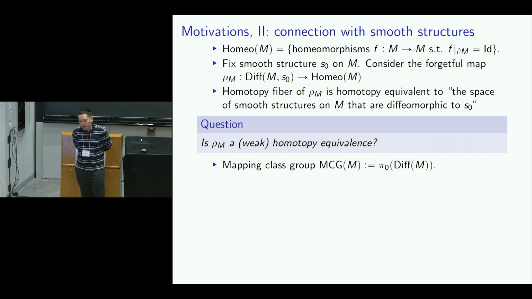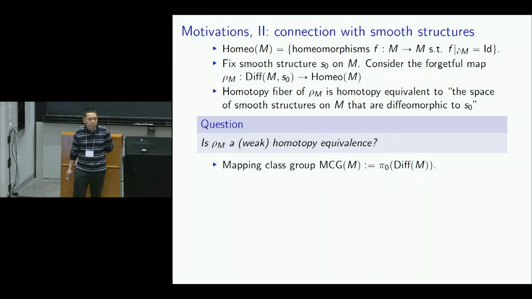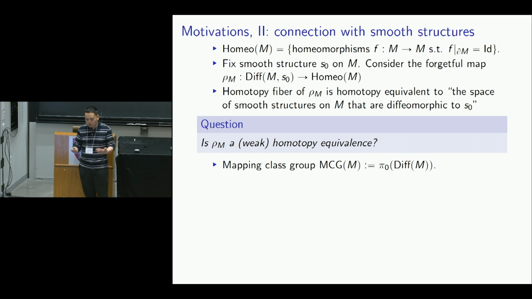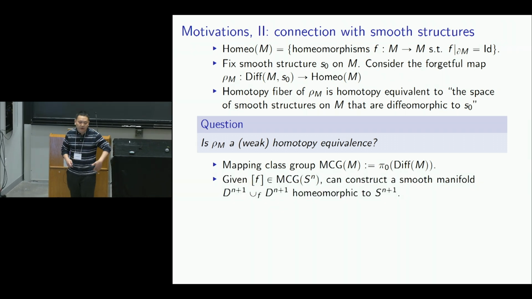And also, the mapping class group of M is defined as the set of path components of Diff M. This is a very classical object, most well studied for surfaces. The mapping class group of a surface has become a huge subject in itself. Today we won't talk too much about it, but indeed it's a very important object, even in high dimensions.